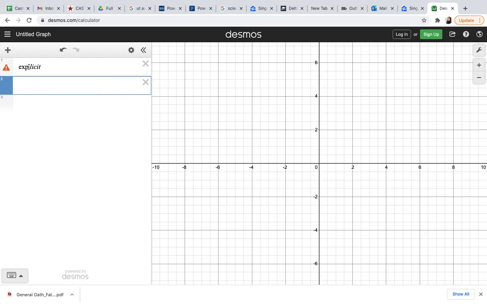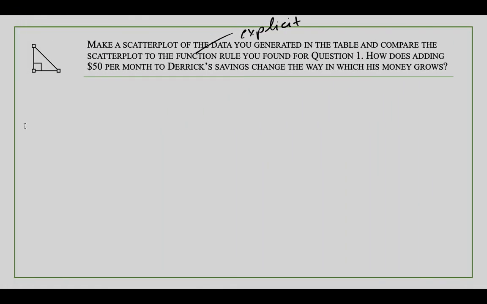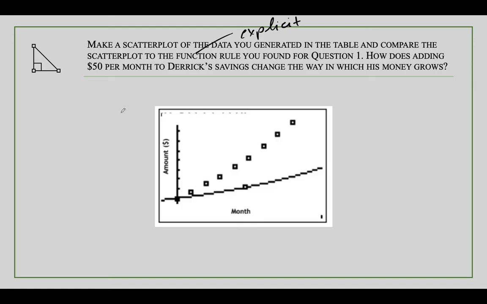It doesn't want to let me do it, oh well. Then you're also going to insert a table with those 5 values that we had. So month 0, month 1, month 2, okay? This is what you should get.